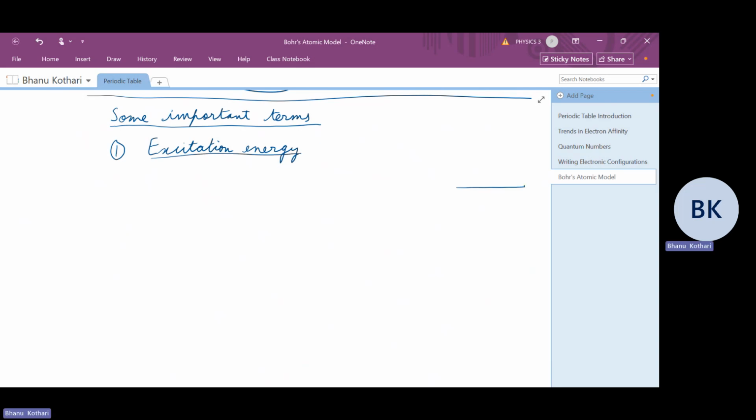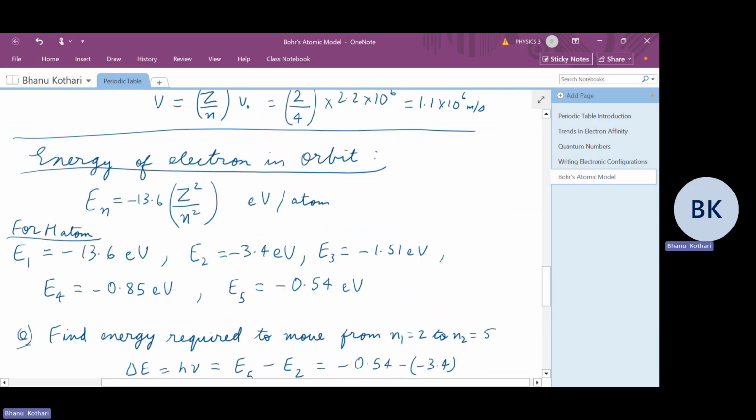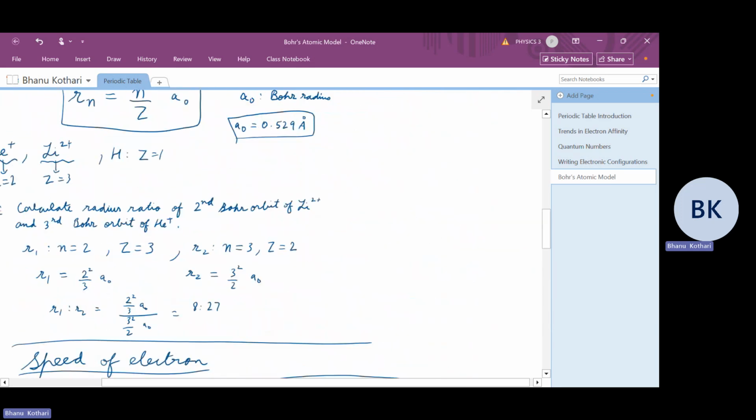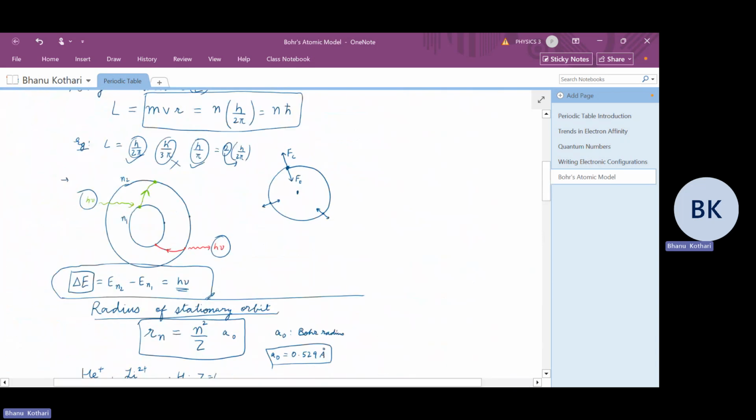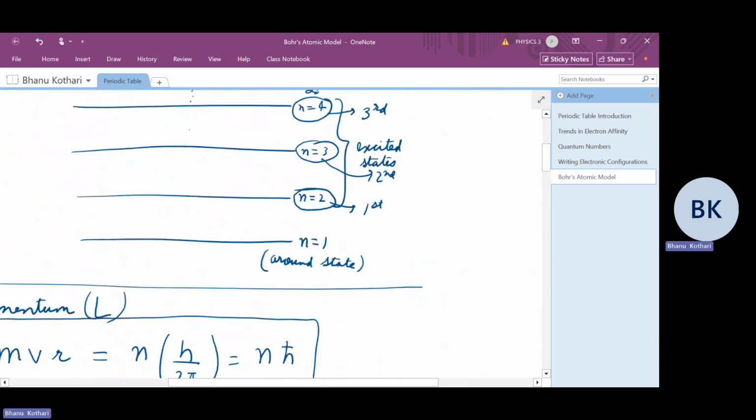If the electron wants to move from the ground state to any excited state, say the nth excited state, what will be the orbit number? It will be n plus 1, right? We had seen that the first excited state was n equal to 2, and the second excited state was n equal to 3, so the nth excited state will be n plus 1.